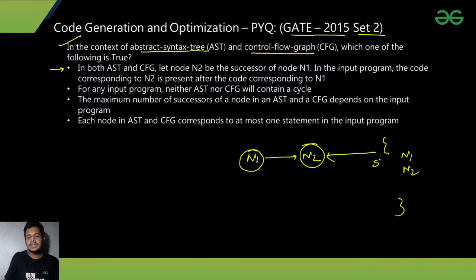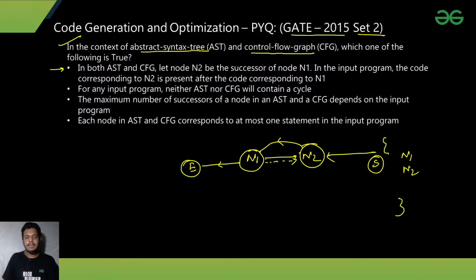Suppose this is our starting symbol. From here we start, we go to N2 and then we go to N1, and then we end. So from the start we go to N2, then N1, then end. But there is another backward path which goes from N1 to N2.